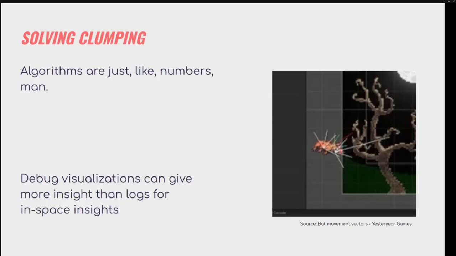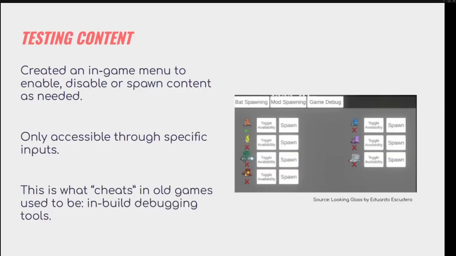Instead, we relied on the debug functionality that exists within Unity to build debug visualizations that allowed us to understand what forces were acting on our different bats, why they were moving the way they were moving, and what parameters we needed to tune so that we didn't have those huge clumps of bats.